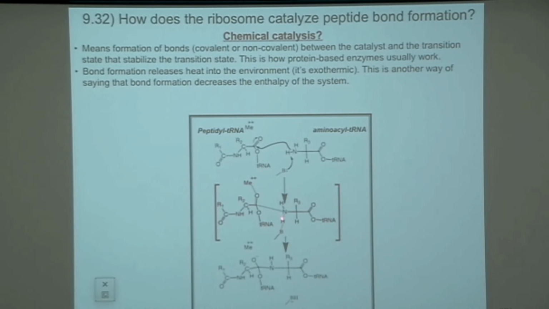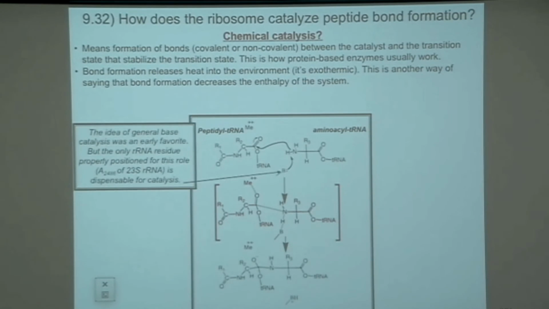In other words, in the transition state, we'd be forming a covalent bond between this base and the transition state, and thereby stabilizing the transition state relative to the ground state.